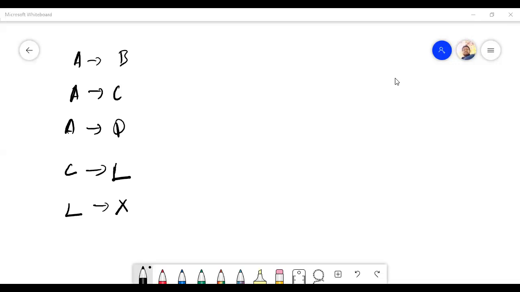That is the case: this is direct, but this case is indirect. But it is functionally dependent.